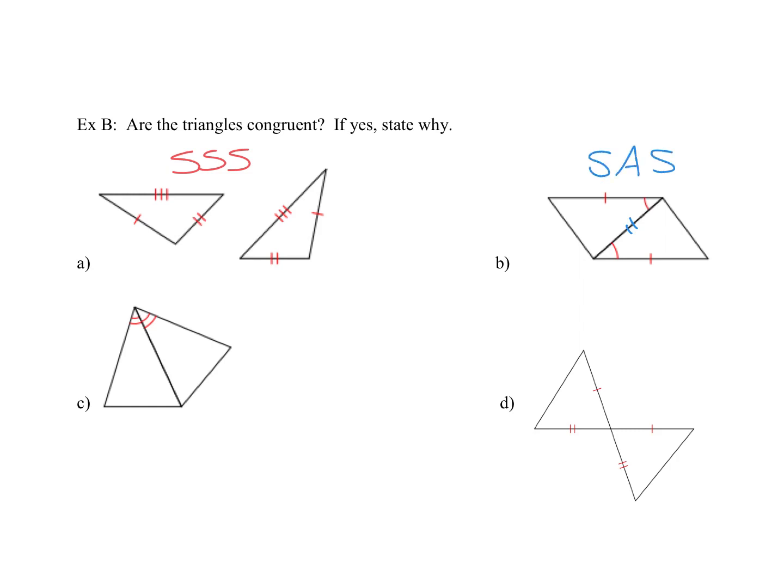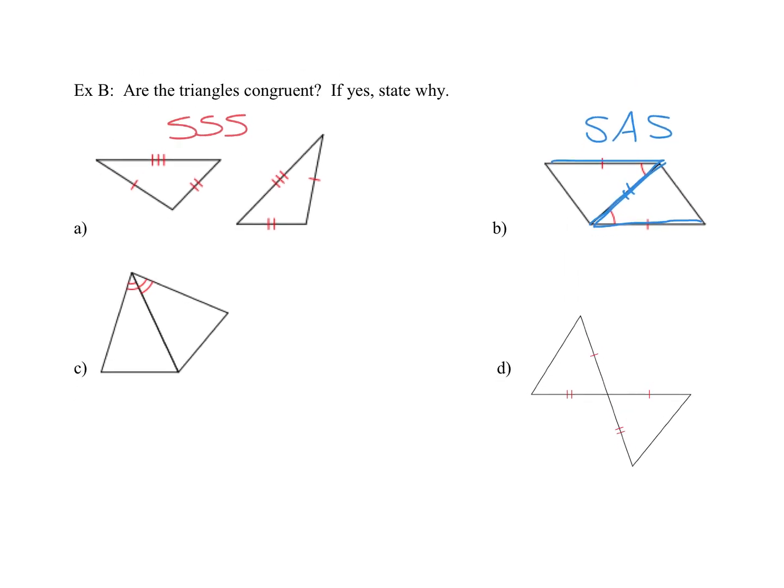You'll notice that it goes in order of the letters. I have a side, an angle, and a side, and it has to match with the other one. So I go along that side, I've got my angle and my other side. All right, so if I look at C, there is some implied information that's not drawn in. What am I missing from that drawing?